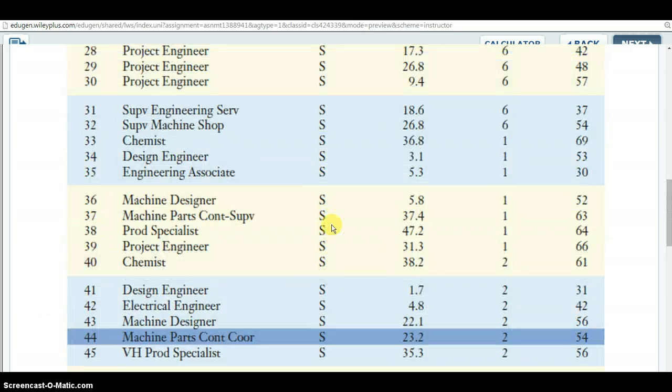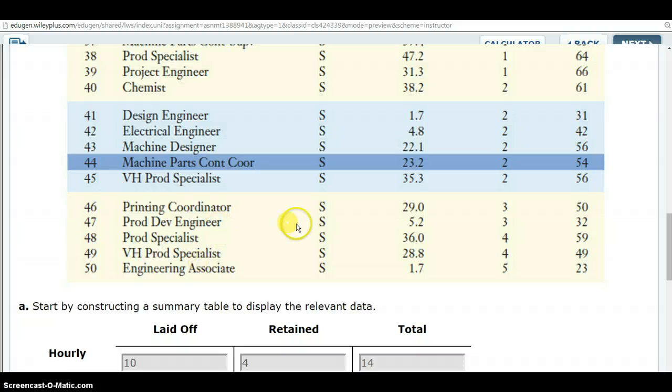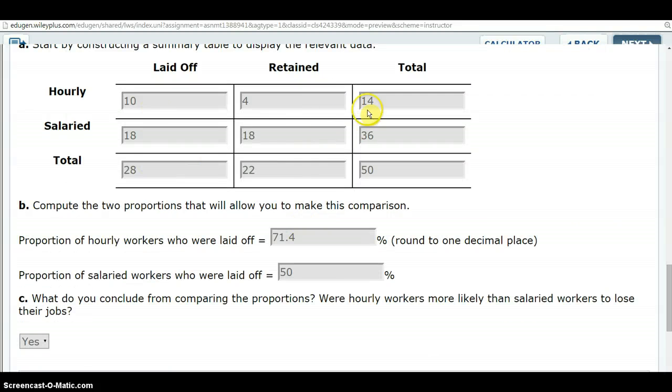If you want to avoid a little bit of counting, we notice that there are 50 total. Whenever you're filling out a chart like this, the total of this row is right here, the total of this row is right here. This total is the total of these two, this total is the total of these two. So if we know the total number, it turns out we just need 3 out of these 4, and then we could fill in backwards.